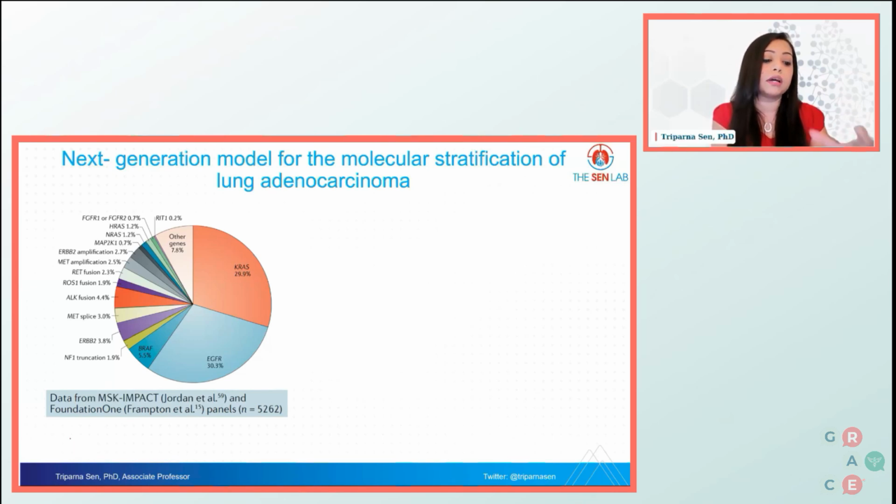When you think about lung cancer, it's no longer one disease. We can divide lung cancer into different subtypes, which are driven by driver oncogenes that you will hear about later in the day, like ALK, EGFR, KRAS, and there are drugs against them, which the patient gets when they come into the clinic.